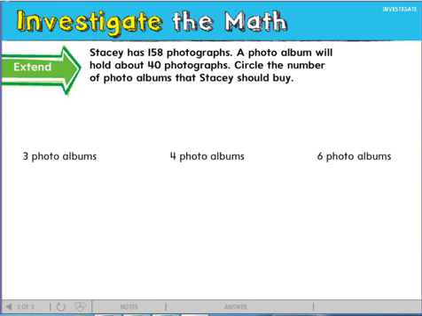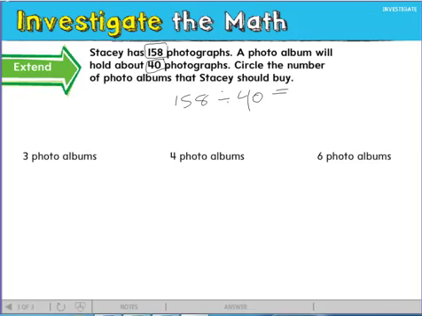Now, same thing. We want to look for numbers that are easy to work with each other. It says Stacy has 158 photographs. A photo album will hold about 40 photographs. Circle the number of photo albums that Stacy should buy. So I have 158, and that's going to be divided by 40. Okay? And those numbers are kind of hard to work with, aren't they? Okay.